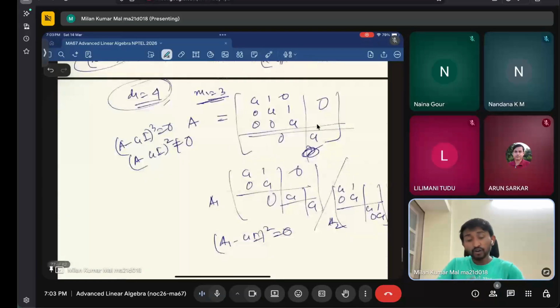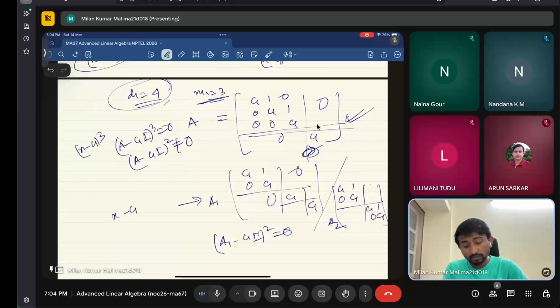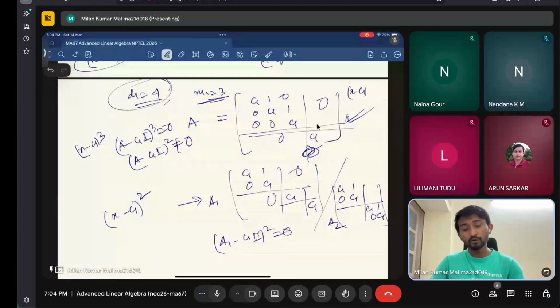So for the first matrix, the minimal polynomial is of degree 3, that is x minus c1 whole to the power 3. But for these two matrices, the minimal polynomial is x minus c1 whole to the power 2, right? But for all of them, the characteristic polynomial is x minus c1 to the power 4.